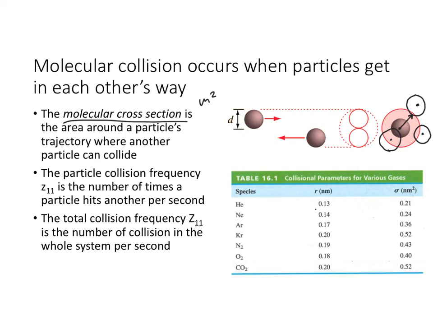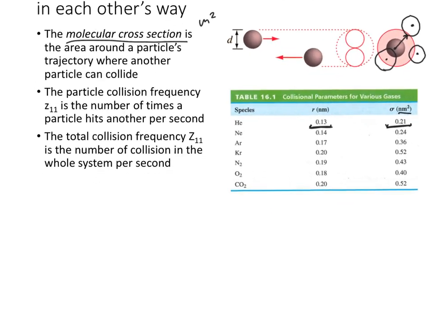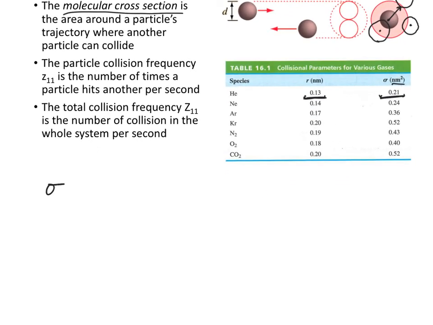Well, over here, they have a number of radii of different gas particles, and then over here, they have the molecular cross section. Unfortunately, this one's in nanometers, so you would need to convert to meters. The molecular cross section uses a lowercase sigma symbol, and it equals pi times the radius of the central particle plus the radius of the other particle that's running into it, squared.